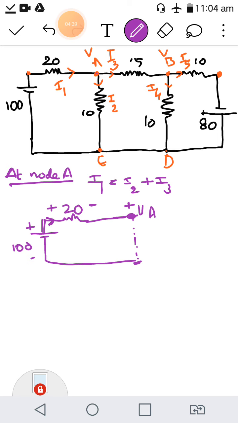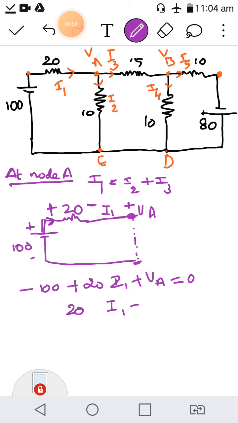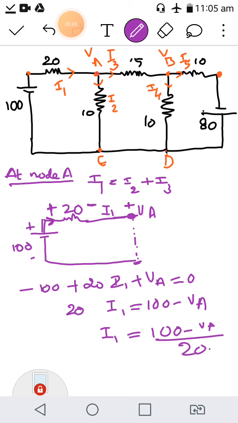Applying KVL: minus 100 plus 20 into I1 plus VA is equal to 0, or 20 I1 is equal to 100 minus VA, or I1 is equal to (100 minus VA) divided by 20.